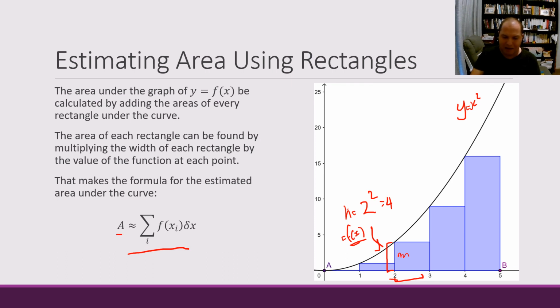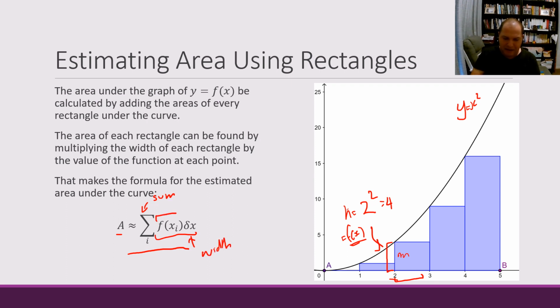So A is for area, and it's an approximation, right? This isn't going to give us the exact area. It'll give us something in the ballpark. It is equal to this sigma here, and that sigma means sum. So the sum of, and this part here really just means the area of the rectangles, because basically this formula is length times width. This back part is the width of our rectangle.